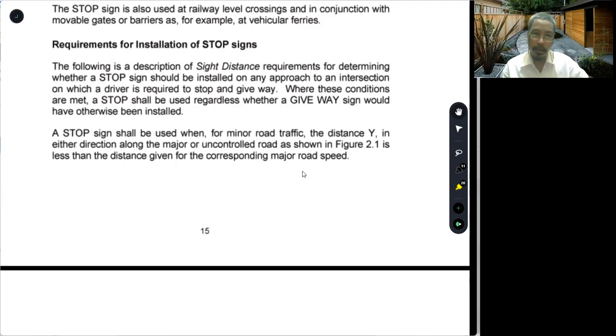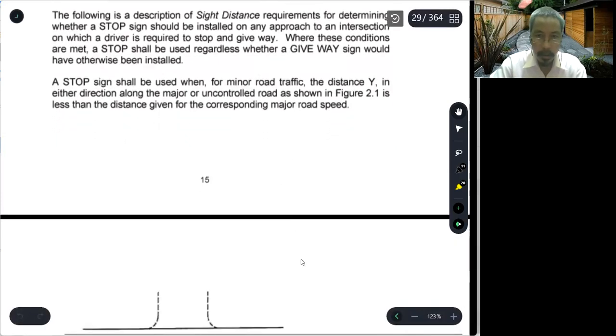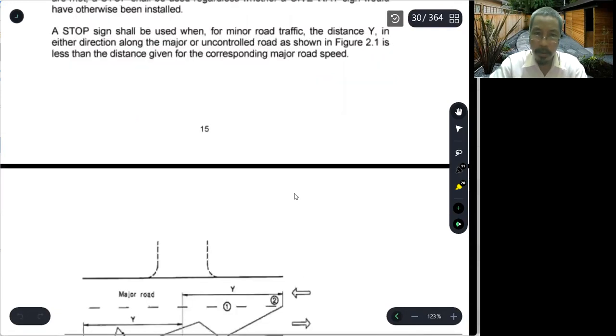Where these conditions are met, the stop sign shall be used regardless of whether a give way sign would otherwise have been installed, because stop sign is a priority. Stop sign shall be used when, for minor road traffic, the distance Y in either direction along the major or uncontrolled road, as shown in figure 2.1, is less than the distance given for the corresponding major road speed.